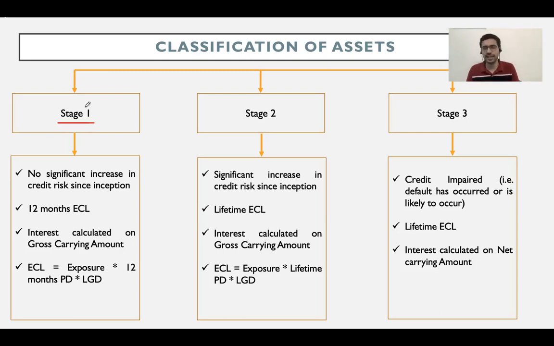Now, how do we check that? If from 13th of January to the 31st of March there is no significant increase in credit risk, then the loan will continue to fall under stage 1.